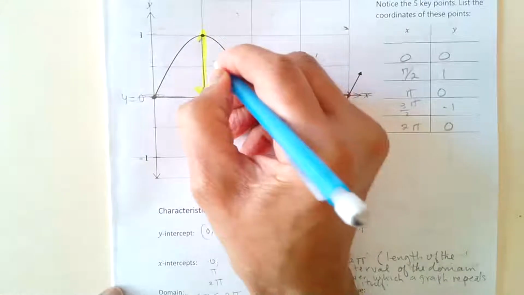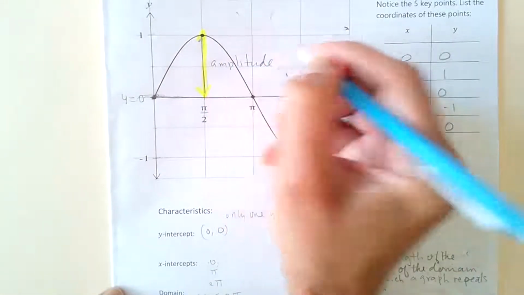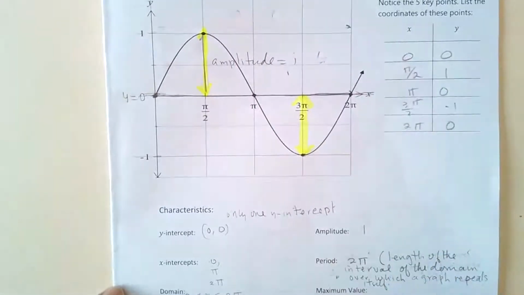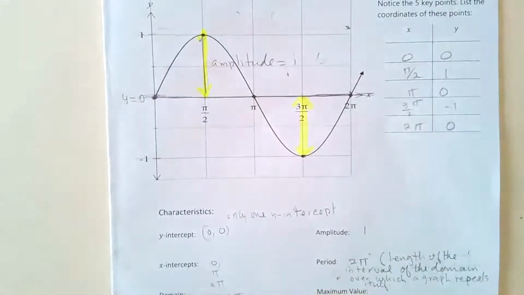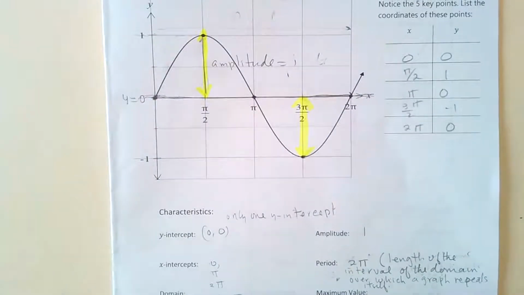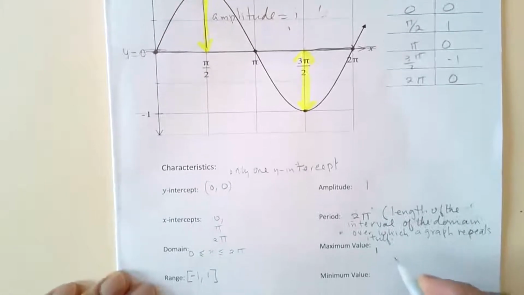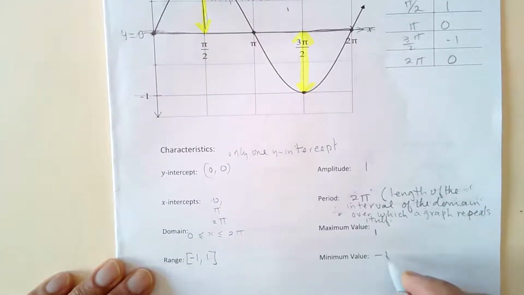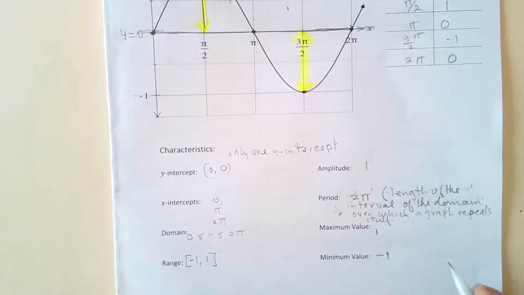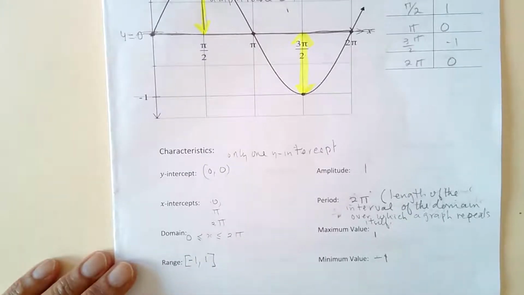The maximum value is the maximum point where the graph extends, so we say it's 1. The minimum value is -1. So that's the graph of a general sine function.